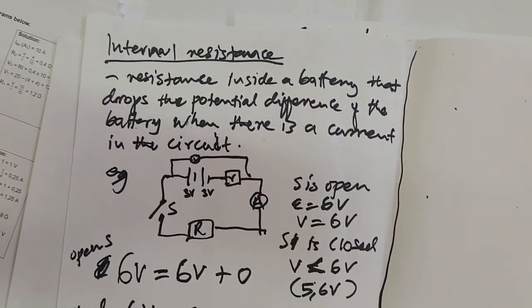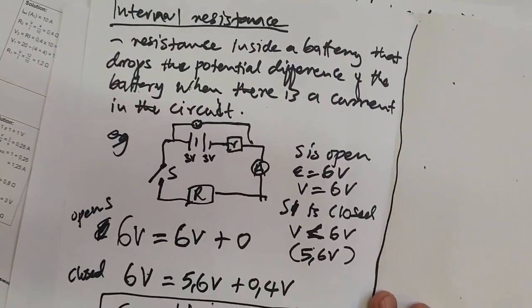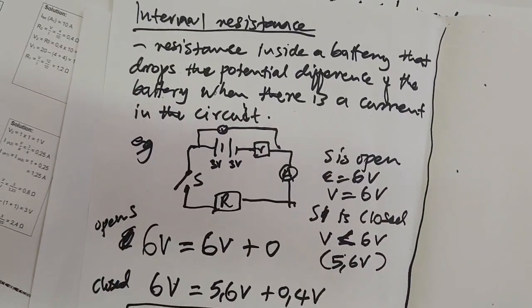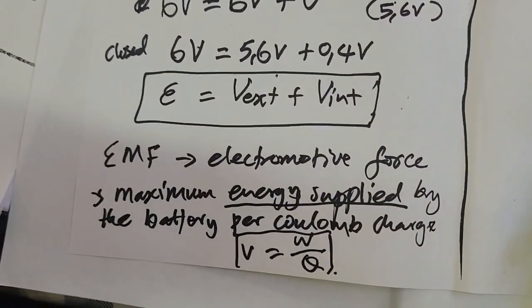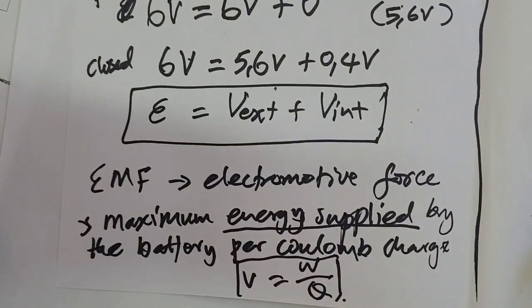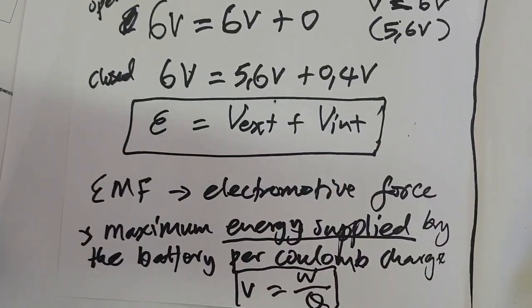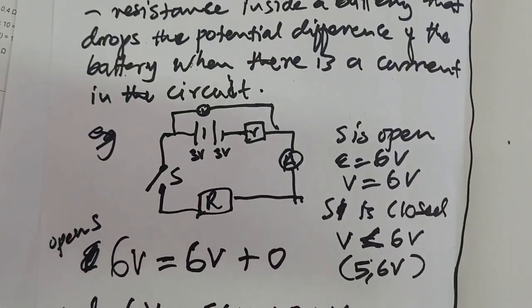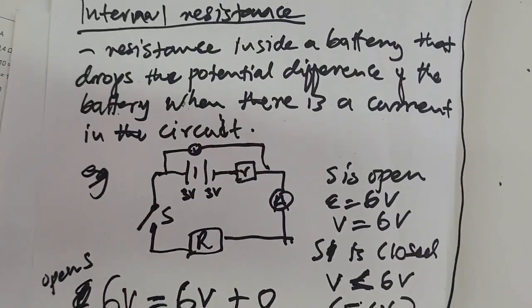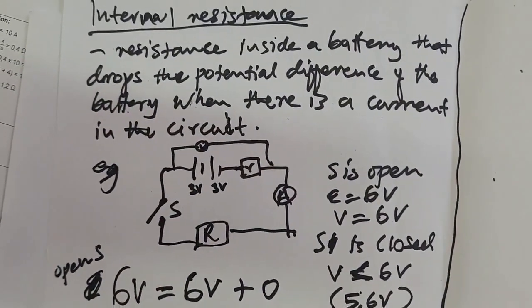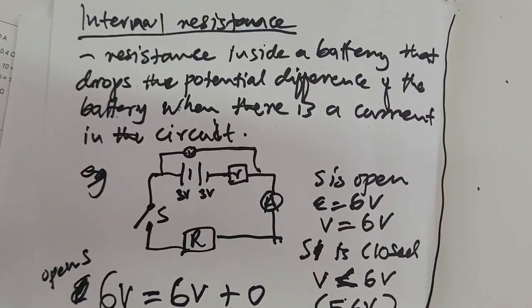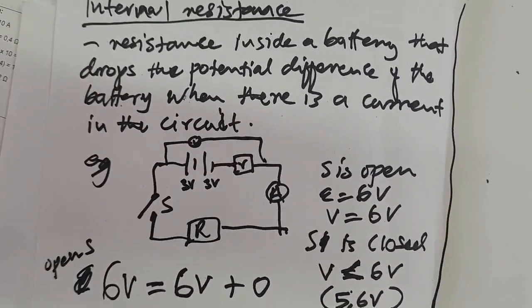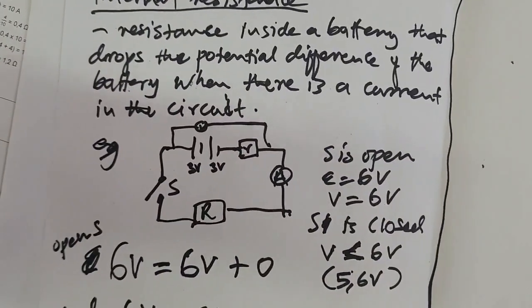Welcome back. We are continuing with the internal resistance as well as the electromotive force, which is the EMF. As we alluded to, we said the internal resistance is, by definition, the resistance within a battery that drops the potential difference of the battery when there is a current flowing in the circuit.